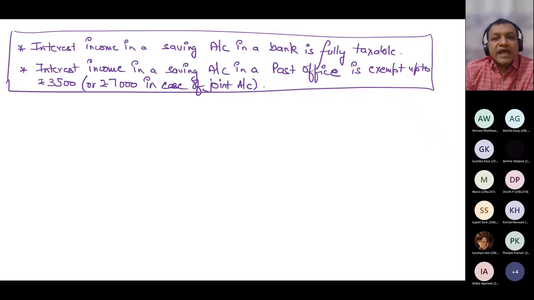So such provisions help in attracting the people who are in the lower class to go to a post office rather than to a bank. This provision might help. I have to see exactly the data whether this provision has helped or not, but it might help, because in a bank account you don't get any benefit. In a post office savings account, if accounts are in the joint name, then 7,000 per year is the benefit.